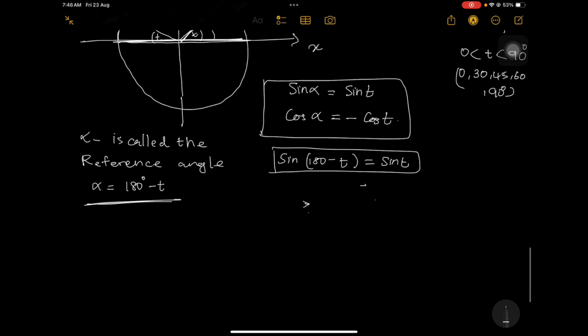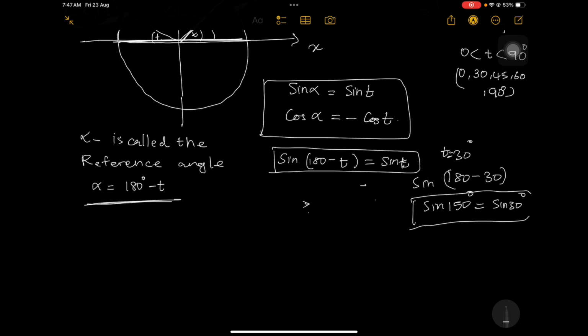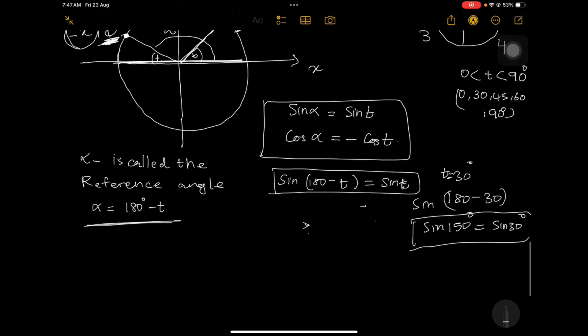So if you have sin 30 degrees, let's say t is 30 here, you can find 180 minus 30 also has the same value. So sine 180 minus 30, which is sine 150, is going to be the same value as sine 30. This is the application of this.